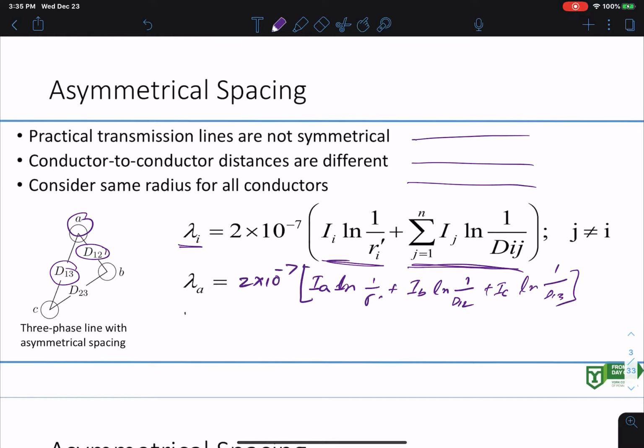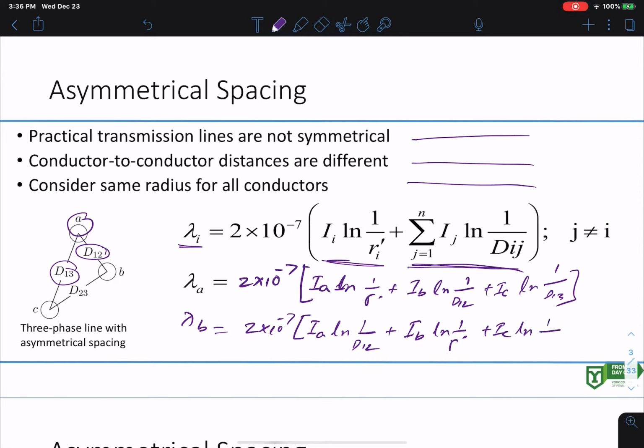And now you can easily find lambda B. Same constant, then you put IA here, with ln 1 over D12, the distance between B and A. IB is the self linkage, so it will be ln 1 over r prime. Then your IC, natural logarithm 1 over D23, the distance between C and B. See how easy that is.